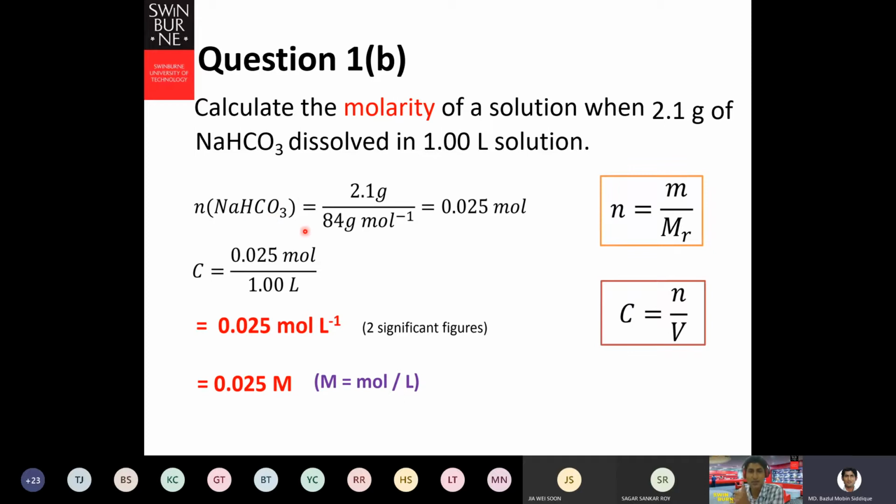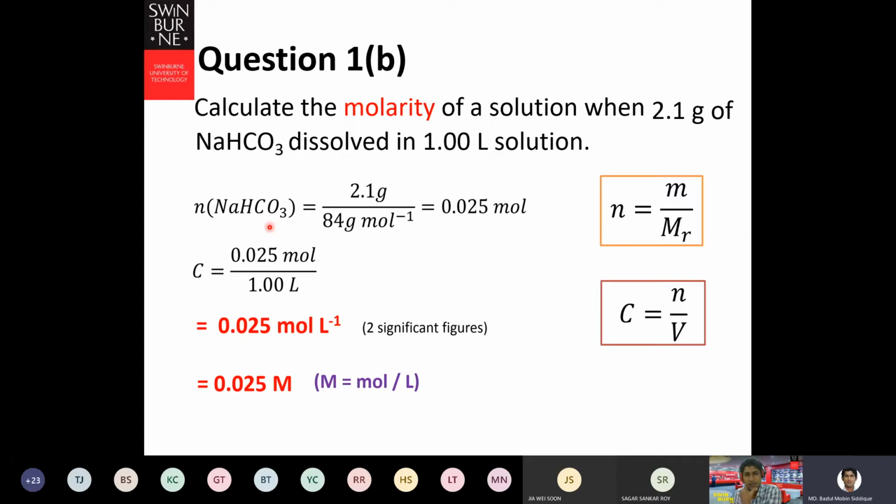So it will be 6.023 times 10 to the power 23 molecules of sodium bicarbonate.